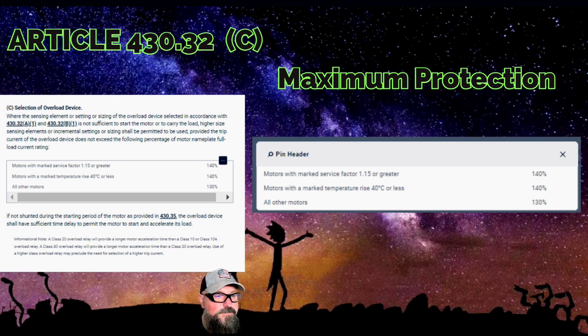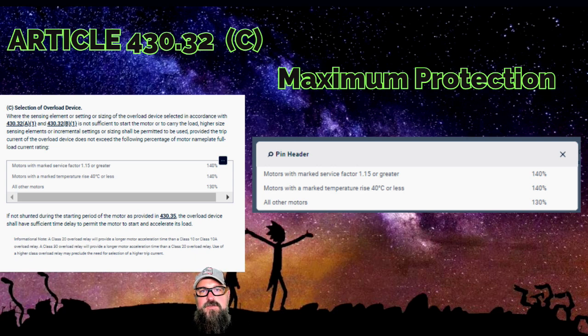Motors marked with a service factor of 1.15 or greater, 140%. Motors marked with temperature rise 40 degrees Celsius or less, 140%. All other motors, 130%.